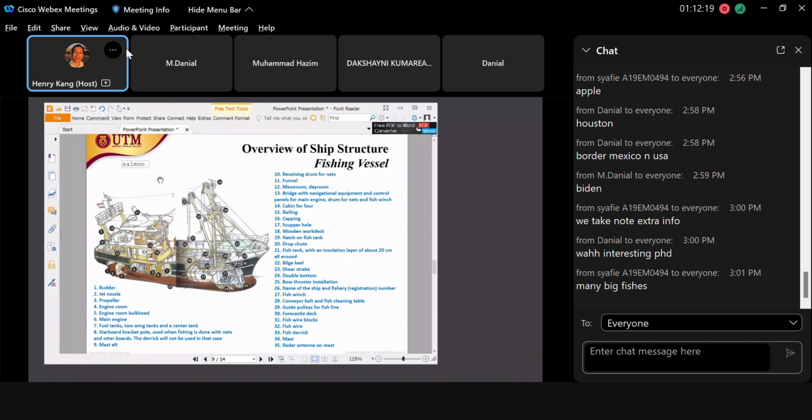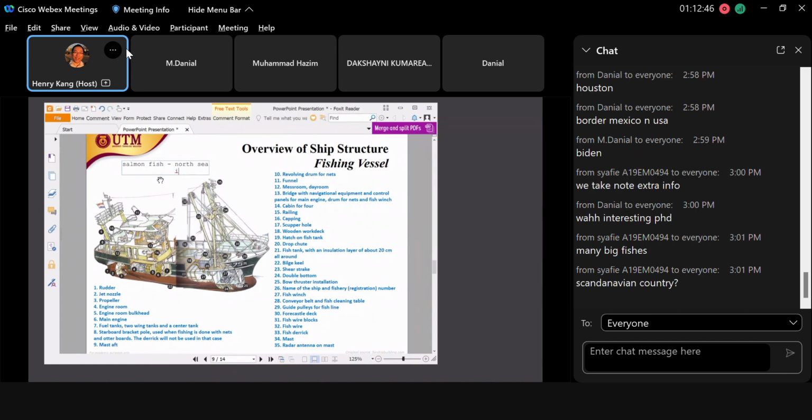But the salmon, where is it from? The North Sea. Salmon, North Sea. They also have another type of fish in the area, but it is dominated by fishermen from Iceland. You can see what kind of fish.